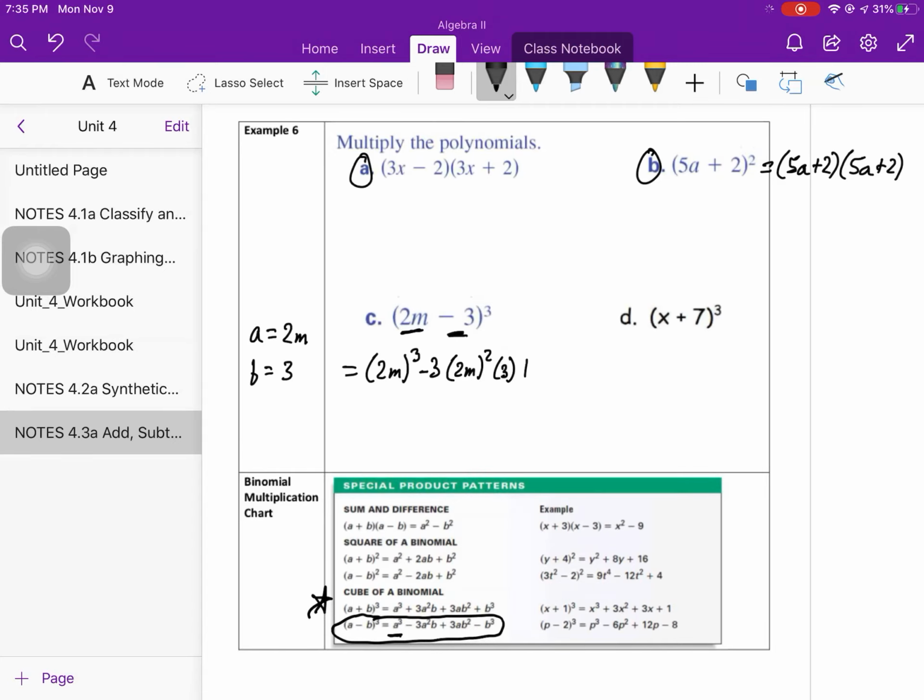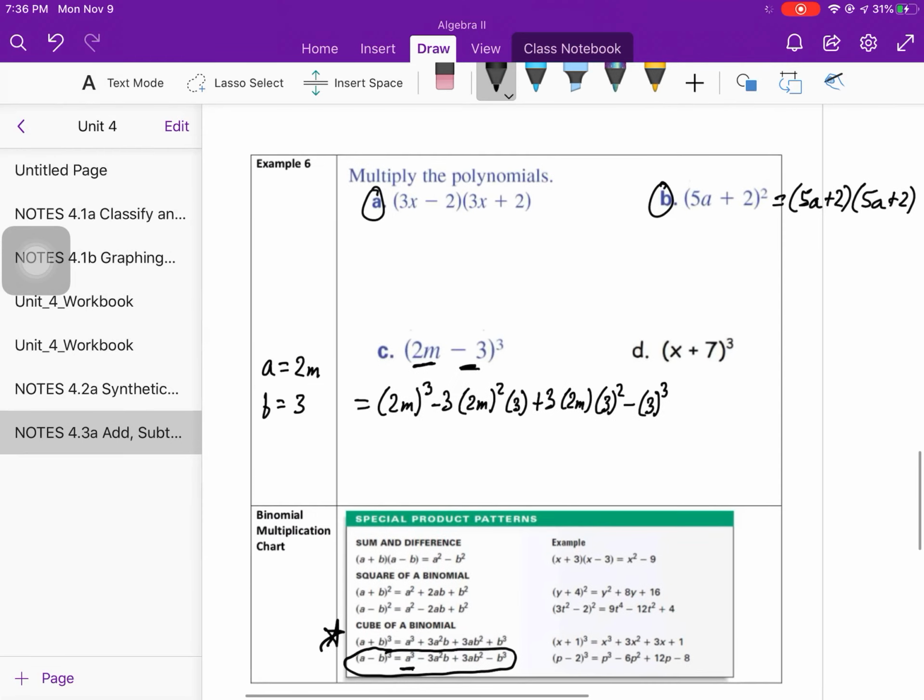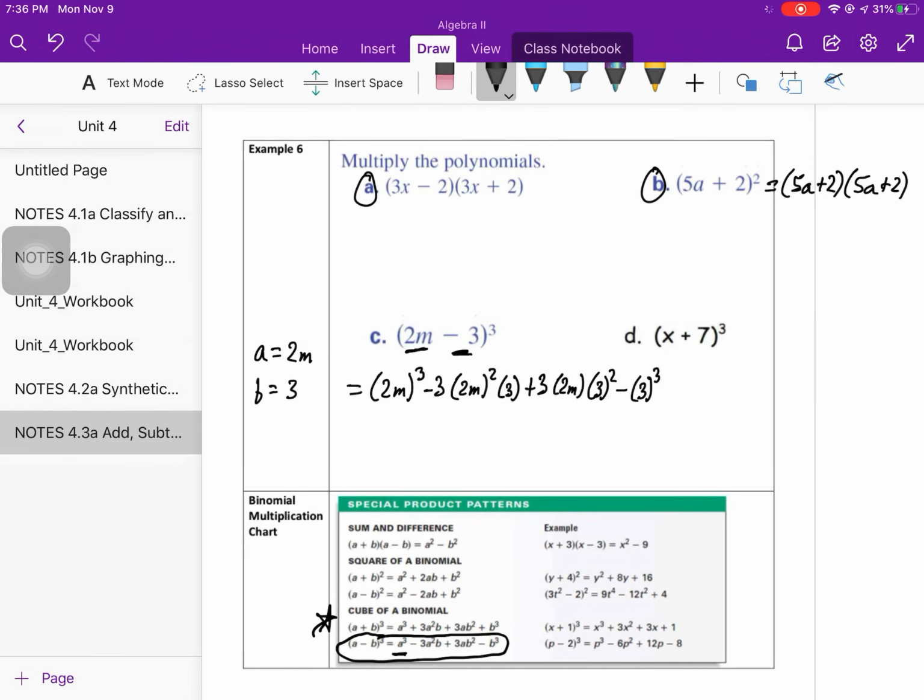Then we have plus 3 times our single a, which is 2m, and then b squared is going to be 3 squared, minus b cubed, which is 3 cubed. Okay, I didn't leave you much room there for d. You might have to do a little work on the side here, I apologize.